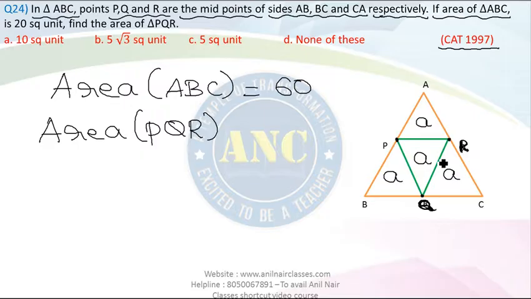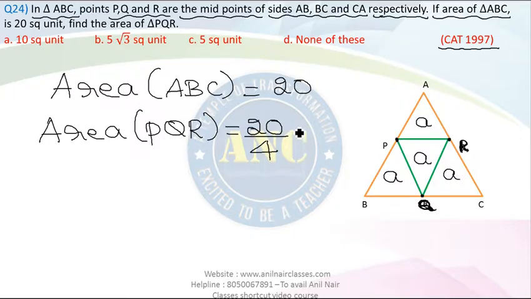That means because all three midpoints are given, the total area of 60 is divided into 4 equal parts. Sorry, not 60, sir. Total area, how much is it? 20. The question says it is not 60, it is 20, so let us change it to 20. I wrote it incorrectly here. It is given in the question that the area of outer triangle ABC is 20.